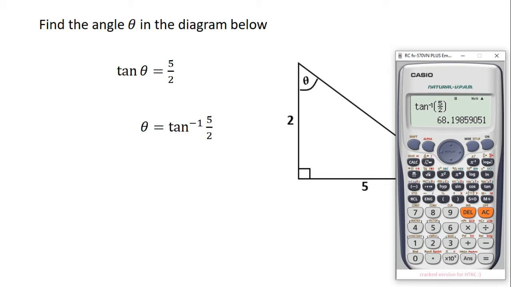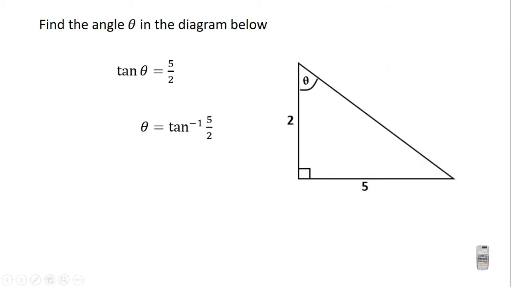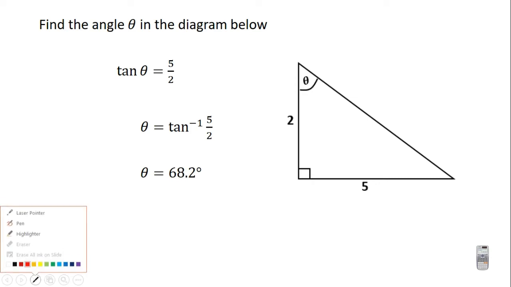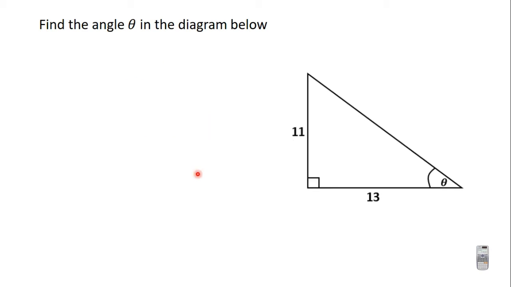If you are rounding this to 1 decimal place, you are going to have 68.2 degrees. So theta here is equal to 68.2 degrees. Let's look at the last question for this video.